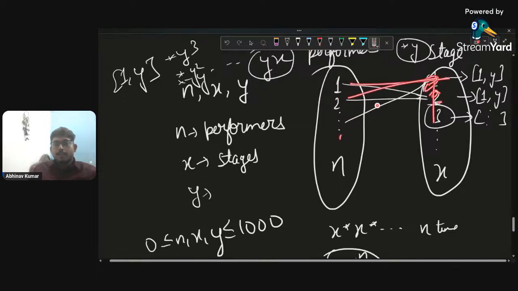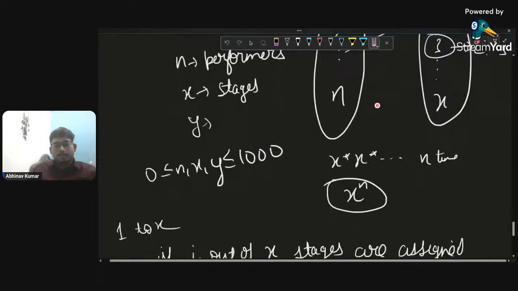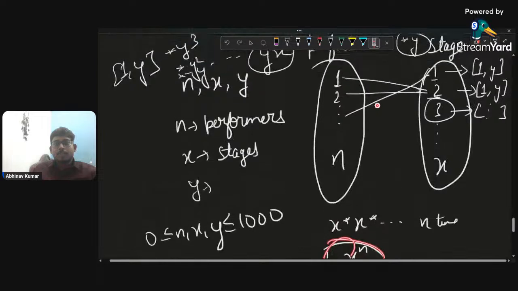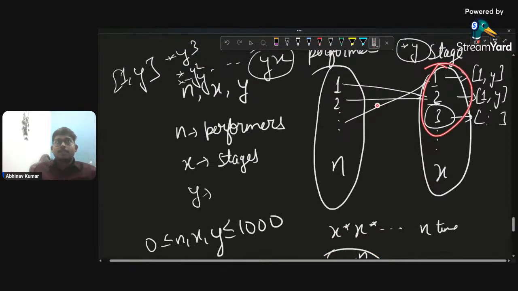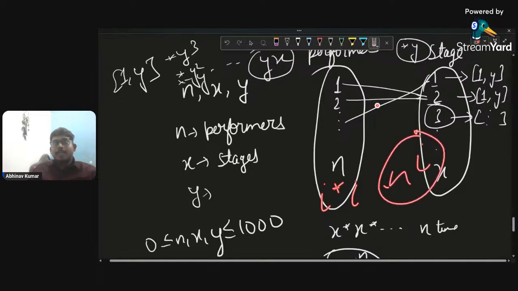Now I need to assign them. Some of them would be assigned to stage number 1, some to stage number 2, some to stage number 3. When I was computing, there were I ways for every performer, so for a total of n performers, I to the power n. But in that there would be cases where some stage is left empty.